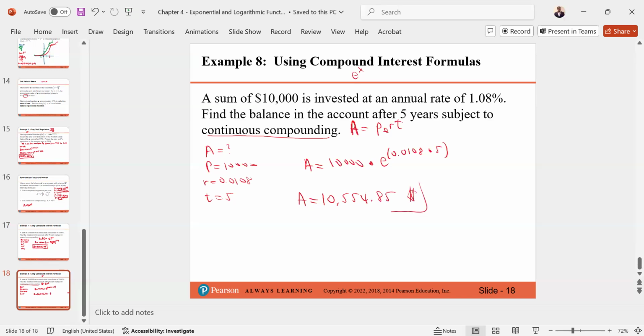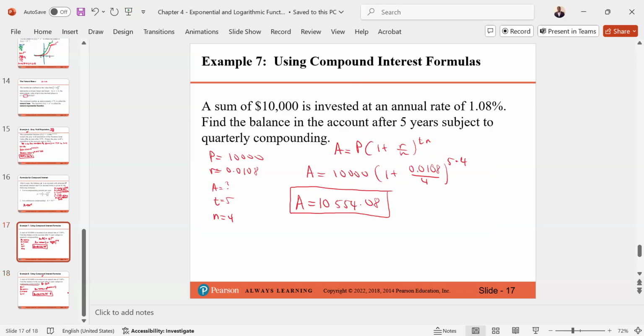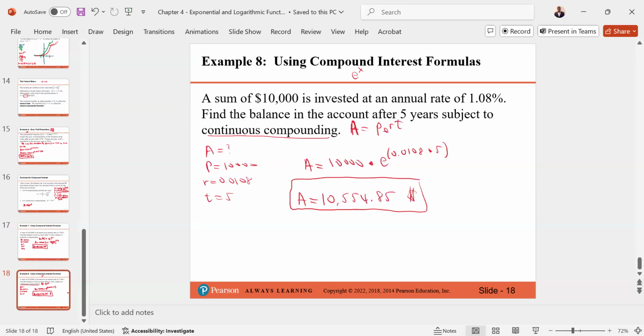So you see, when you use continuous compounded interest, on the long run it's way better, because here the same amount but with only 8 cents, and here 85 cents. The balance in the account after 5 years, subject to continuous compounding, would be 10,554.